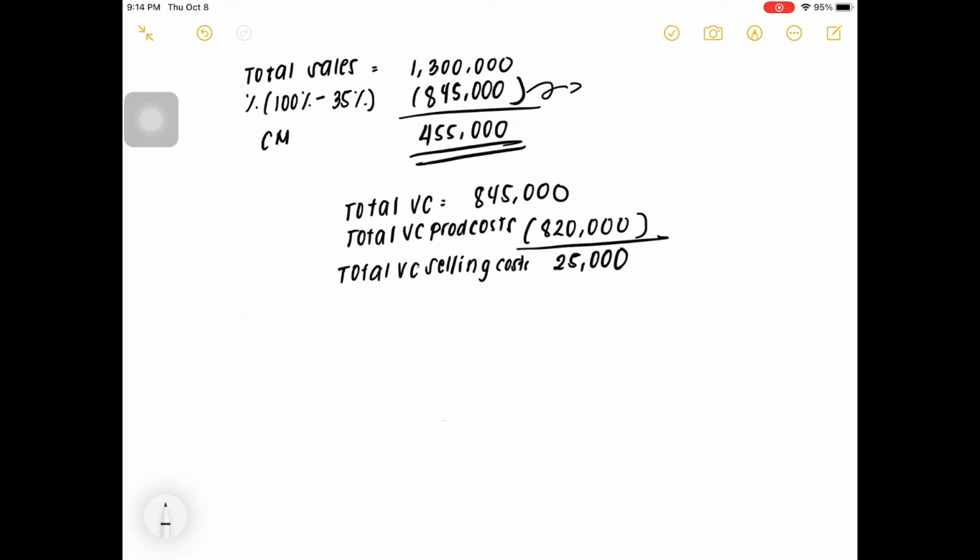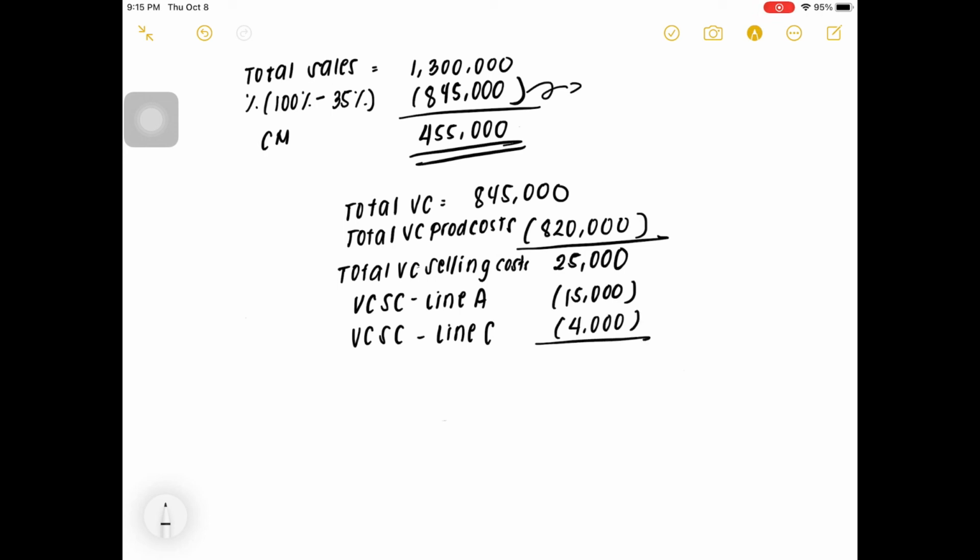However, we have already computed the variable selling cost of line A for both domestic and foreign market, which is 15,000. And we have also computed the variable selling cost of line C for both domestic and foreign market, which is 4,000. So we will be left with the variable selling cost of line B, which is 6,000.